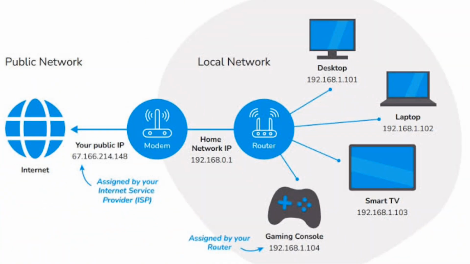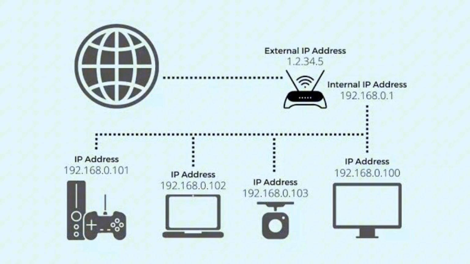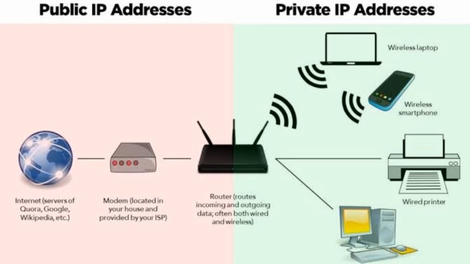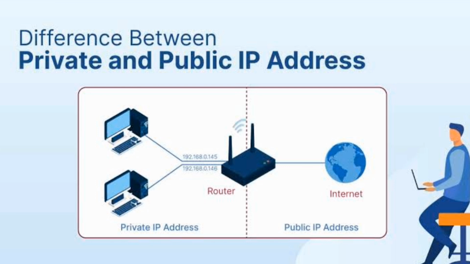Another important distinction is between public and private IP addresses. Your public IP address is the one assigned to your entire network by your internet service provider, or ISP. It's how the outside world sees your network. But inside your home, each device has its own private IP address assigned by your router.